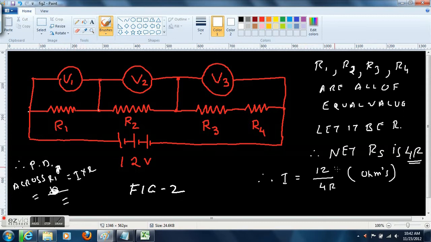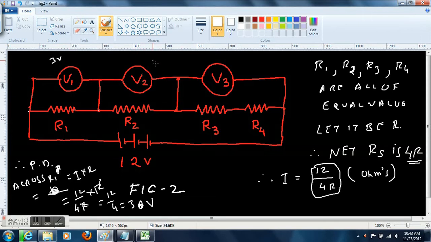Current flow is 12 by 4R, so that means 12 by 4R into R, which is equal to 12 by 4, that means 3 volt. So potential difference across R1 will be 3 volt. That means voltmeter reading V1 will show 3 volt.